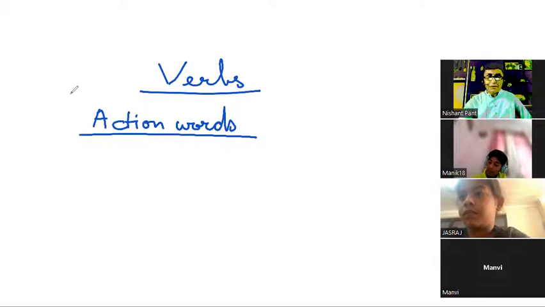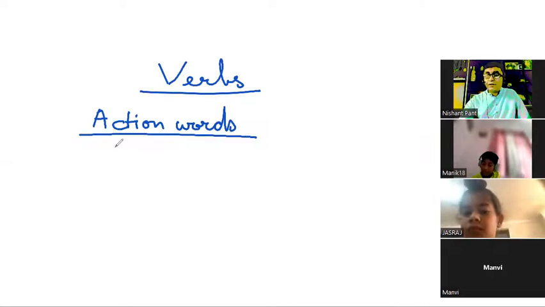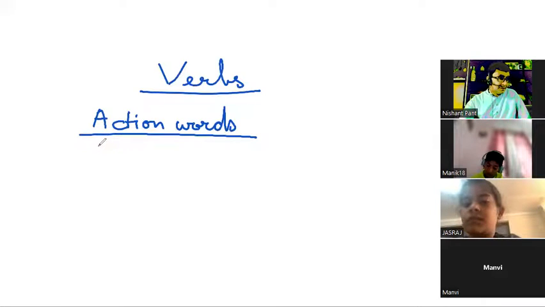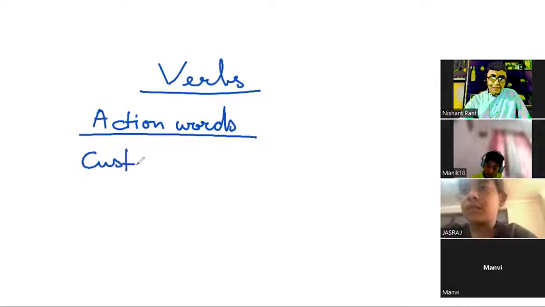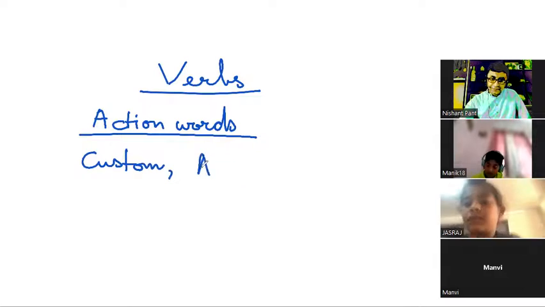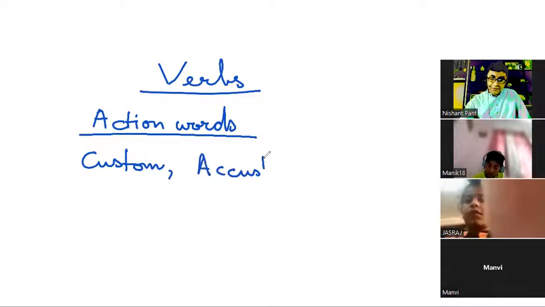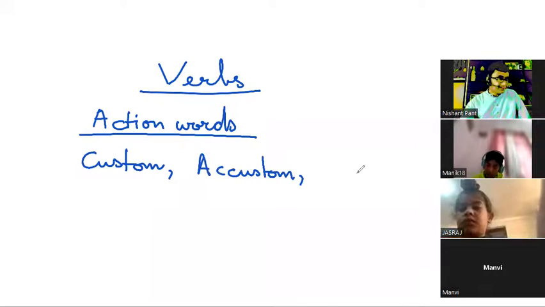Now, the kind of questions they will give you will be, one would be choose the verb among the following options. For example, they give you 4 options. One is custom, one is accustomed, but you should know the meanings also of that.